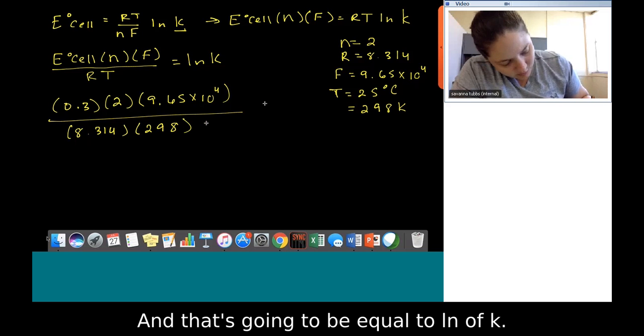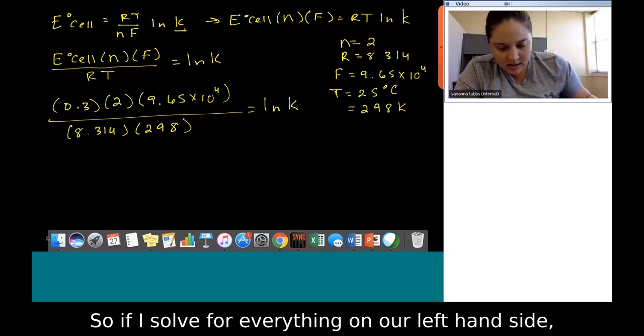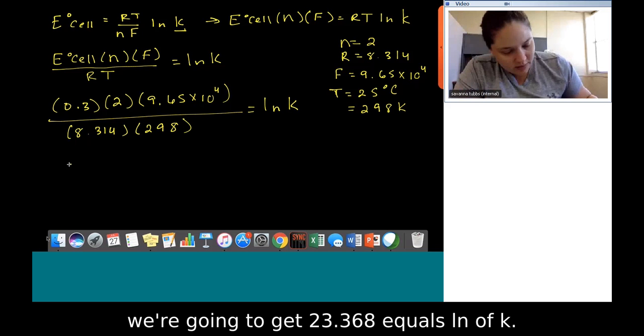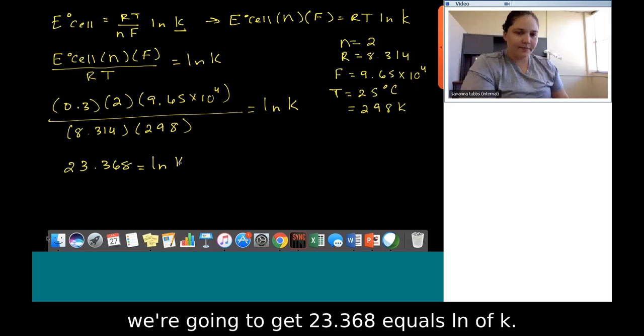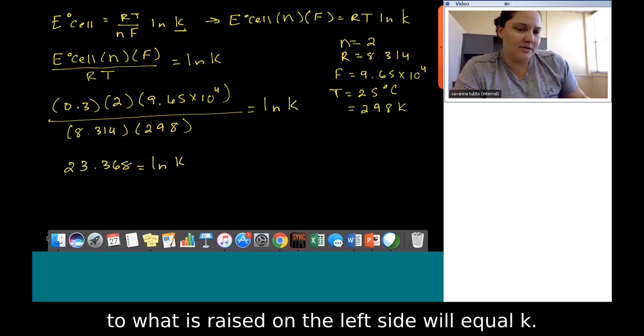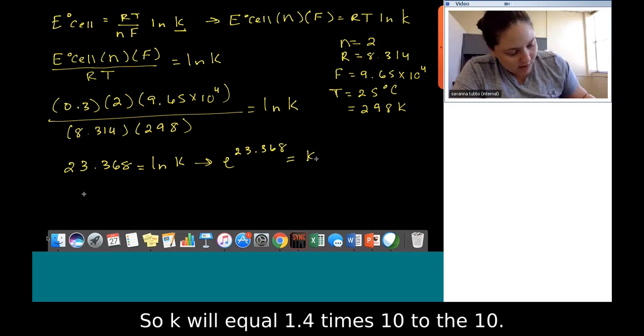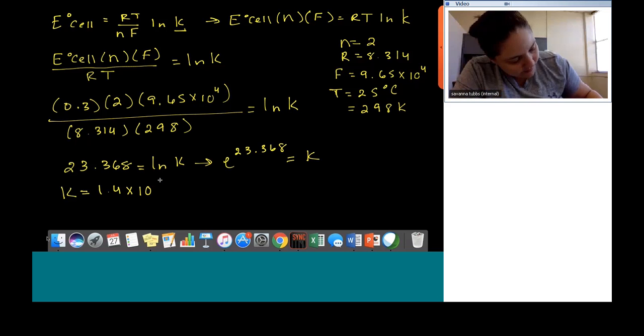And that's going to be equal to ln of K. So if I solve for everything on our left-hand side, we're going to get 23.368 equals ln of K. To get rid of the ln, we're going to say e to what is raised on the left side will equal K. So this will go to e to the 23.368 equals K. So K will equal 1.4 times 10 to the 10. And that is our answer.